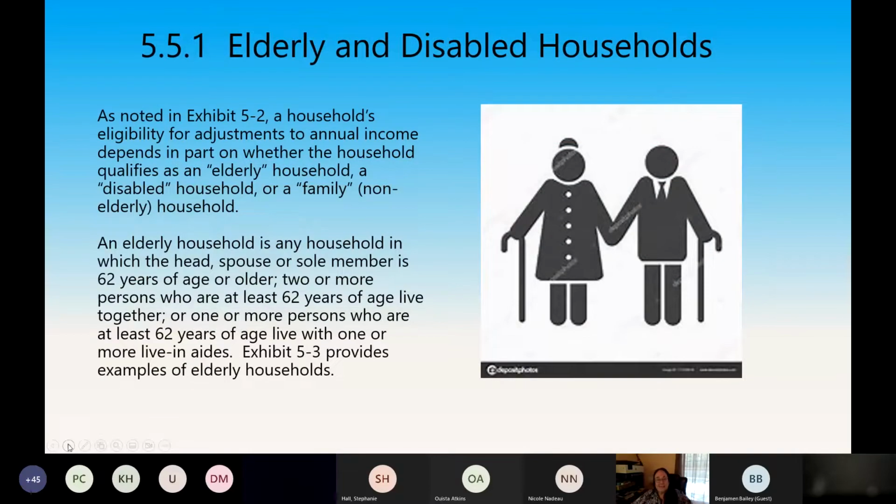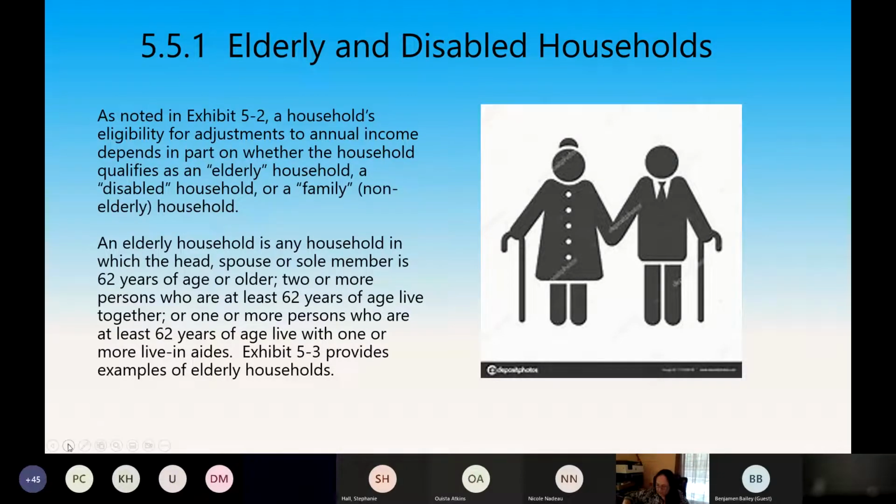So, elderly and disabled households, as noted in 5.2: a household's eligibility for adjustments to your annual income depends, in part, on whether the household qualifies as an elderly household, a disabled household, or a family non-elderly household.